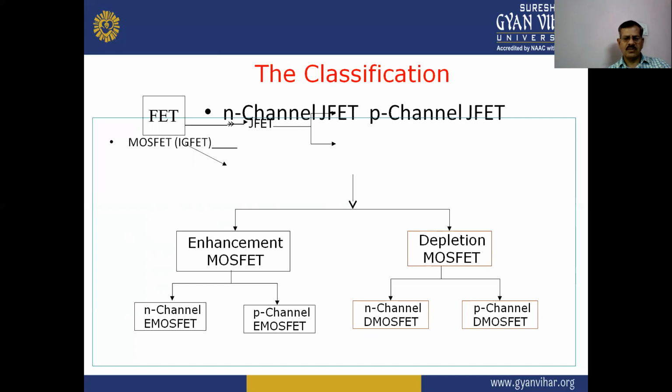The enhancement MOSFET is again classified into two types: N channel E-MOSFET and P channel E-MOSFET. And the depletion MOSFET is again divided into two: N channel D-MOSFET and P channel D-MOSFET. Here E is for enhancement and D for depletion.